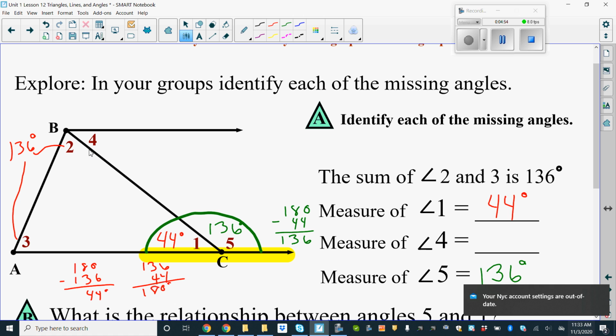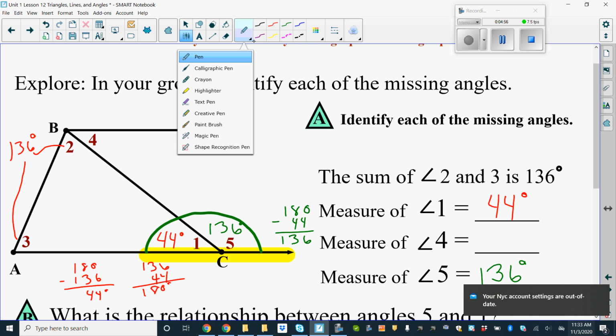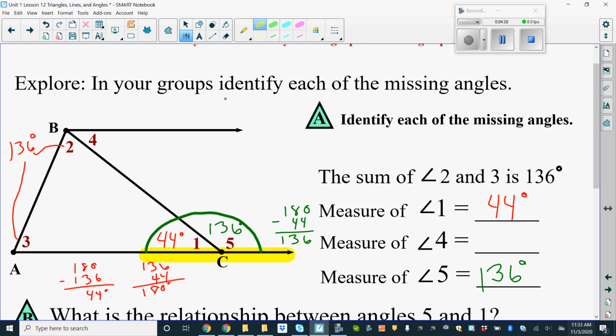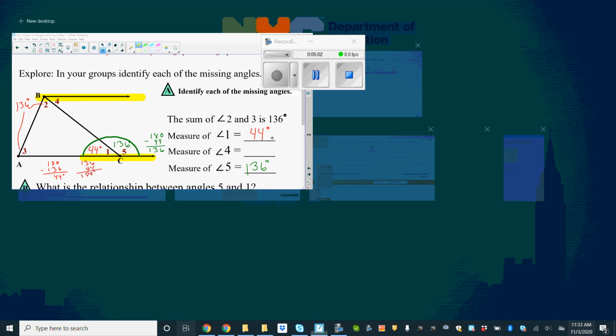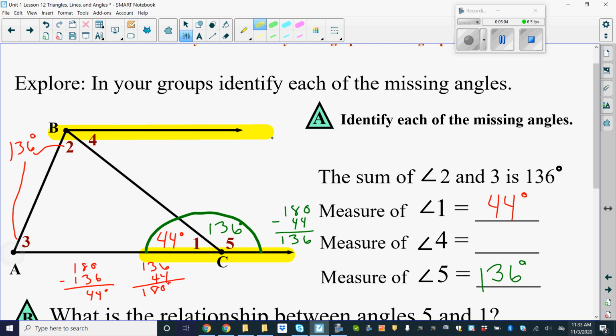I want you guys to recognize and always look for lines. If you look right here, this line is parallel to this line. They will go on forever and ever in each direction and never meet. So these are your parallel lines, and this is your transversal. Let's look at angle 1 and angle 4.